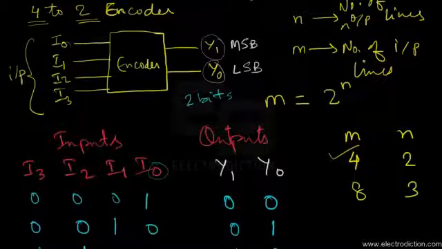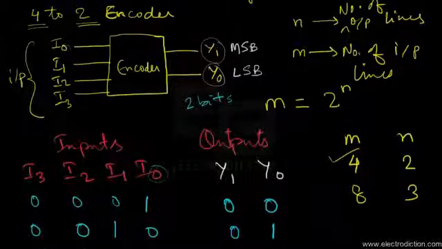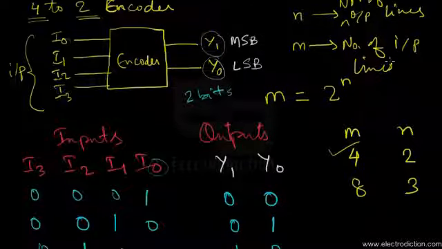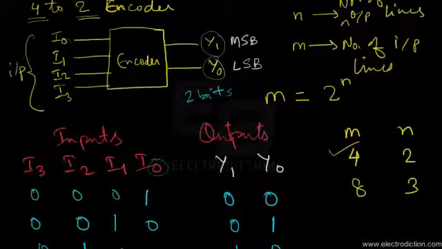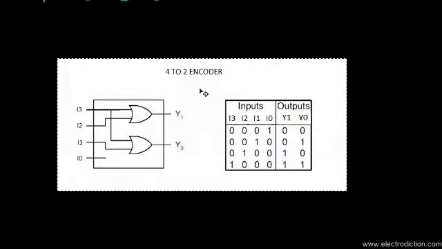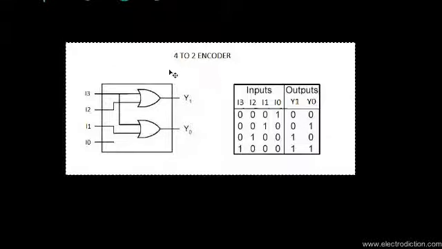Now if you are interested in constructing an encoder, you'll be introduced into the study of encoders through constructing them with digital circuits, or rather with logic gates. So if you are planning to construct an encoder with logic gates, this is how you should do it. Here is the diagram for constructing an encoder with logic gates.